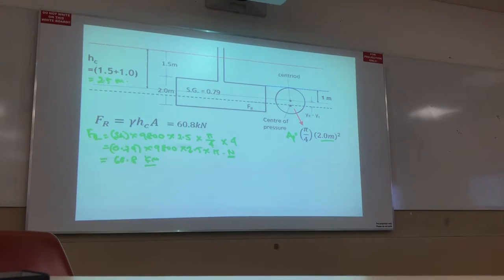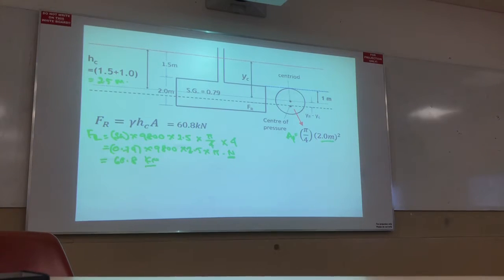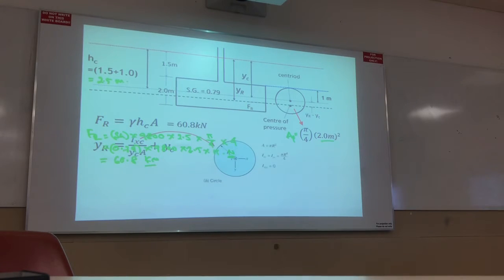Alright? So this indicates the location of the center of pressure. Now this is YC, I know HC and YR. Because you can see, for the circle, the second moment of area is pi r to the power 4 by 4.